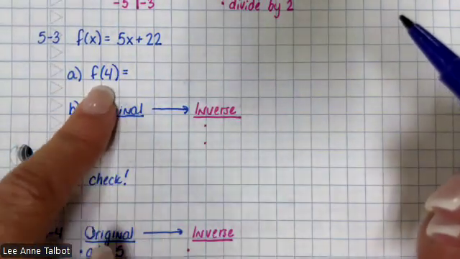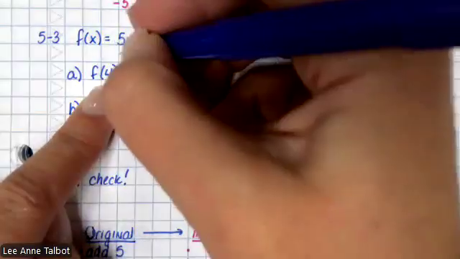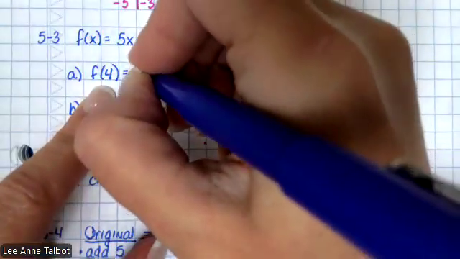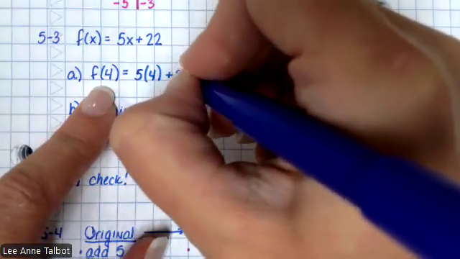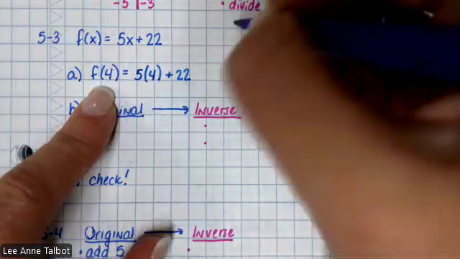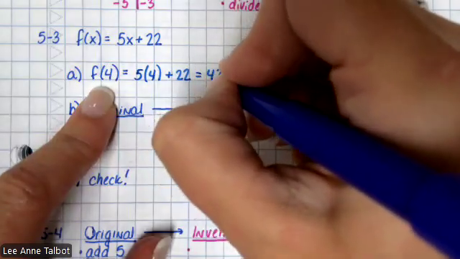We're going to find the function value at 4, which means we're going to plug 4 in for x. So 5 times 4 plus 22 equals 42.